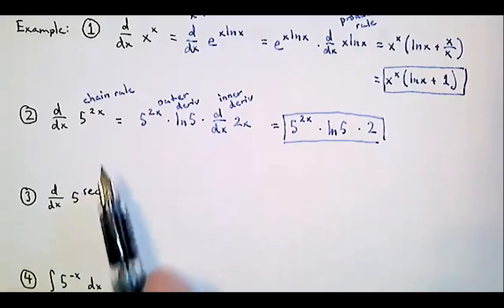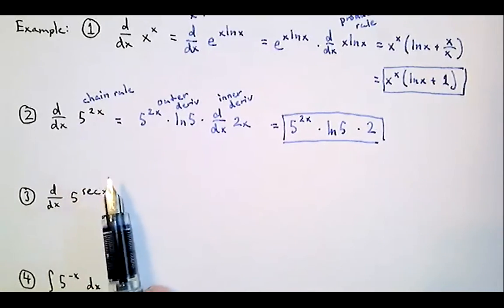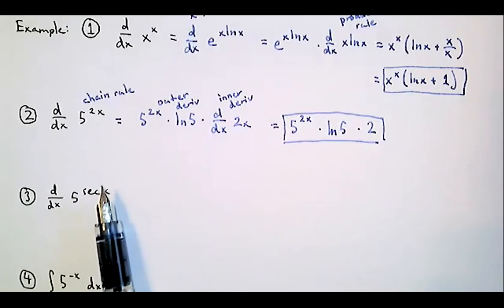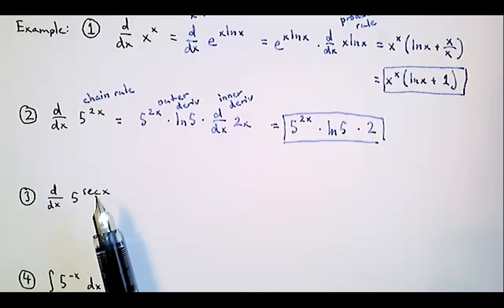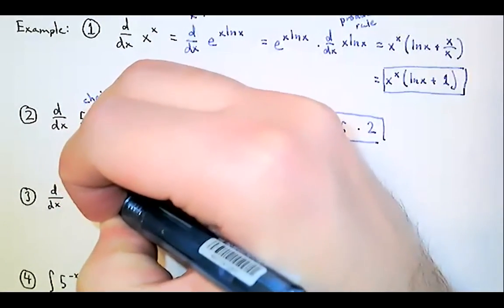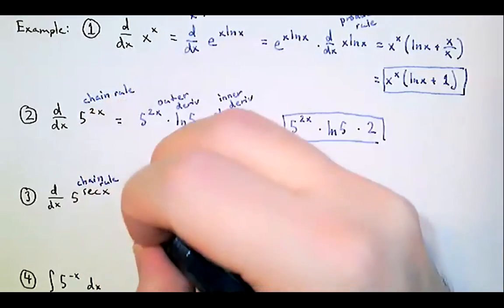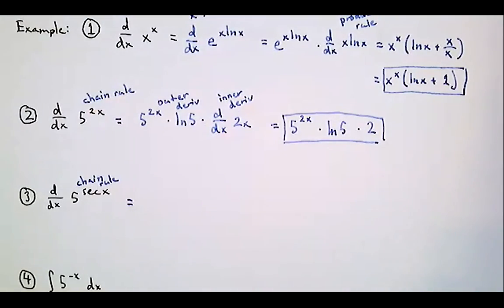This next example is very similar, even has the same base as the last one, but now we're getting just a little bit more complicated with our chain rule. Instead of just 2 times x, we now have a very different function, secant of x. But we'll still just use the chain rule. So we have an outer derivative and an inner derivative.